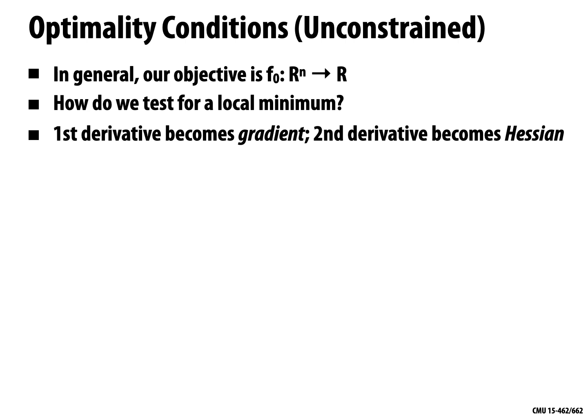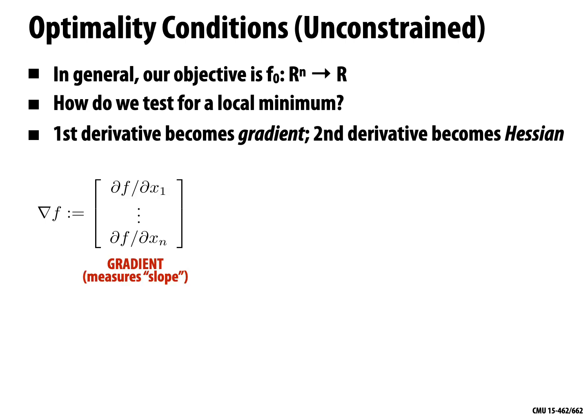Okay, so remember that the gradient of the function, grad f, describes the slope of the function or the direction of steepest ascent. That was a good way of looking at it.